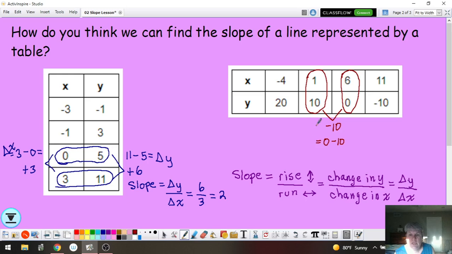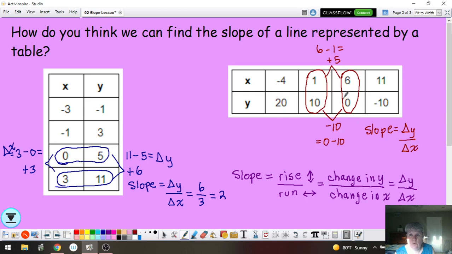To find my change in x, that's the top row. To go from 1 to 6, I'm going to add 5. Or that can be found by taking 6 subtract 1 equals 5. Then for my slope, it's my change in y over my change in x.